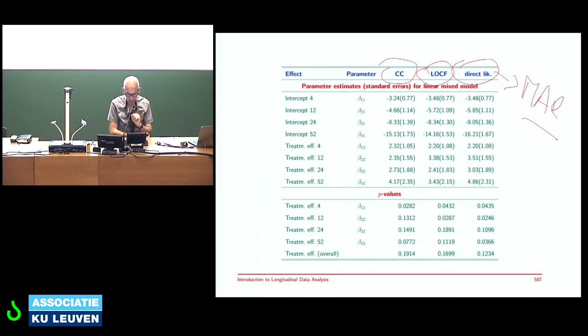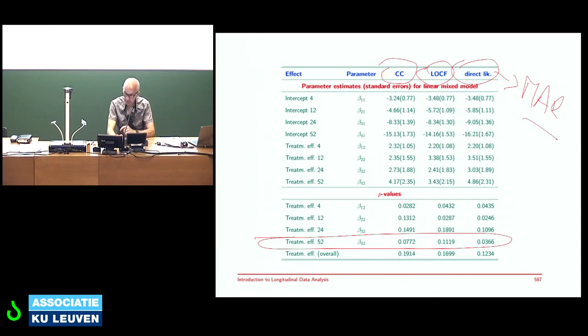CC parameters seem to have a somewhat larger standard error than some of the LOCF parameters, but it's not always the case. So what happens to the p-values? Well, let's look at the most important one, treatment effect at the end. Guess what again? Direct likelihood produces here on the continuous outcome a significant treatment effect which is missed with the other two methods indeed.